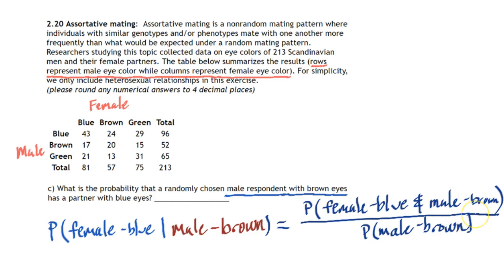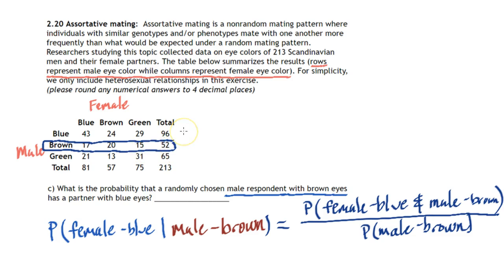So using this formula, what you'll end up having to look at is only the row where you have male is brown, because male is row.